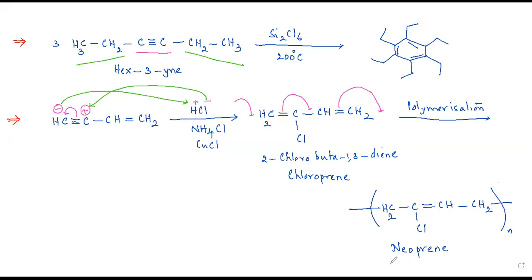Polychloroprene is neoprene. Neoprene is a synthetic rubber, right? Next, this is a linear polymerization reaction.